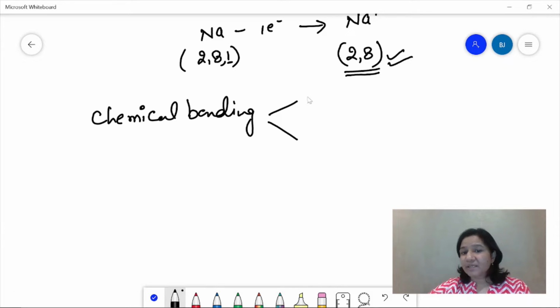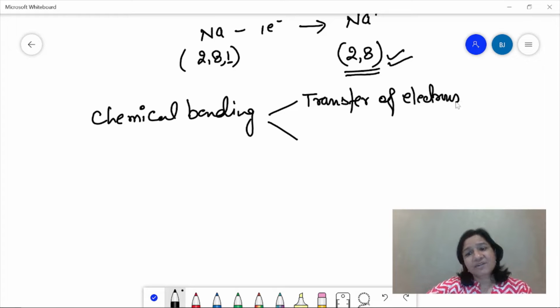The first way is transfer of electrons. When there is a transfer of electrons, it results in the formation of ions, and this type of bonding is known as electrovalent or ionic bonding.